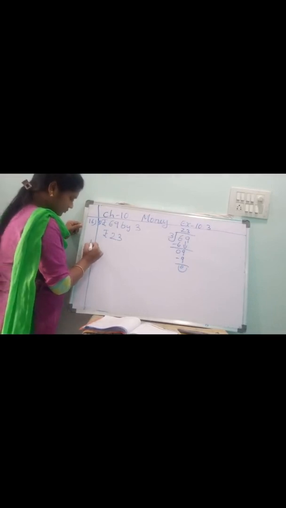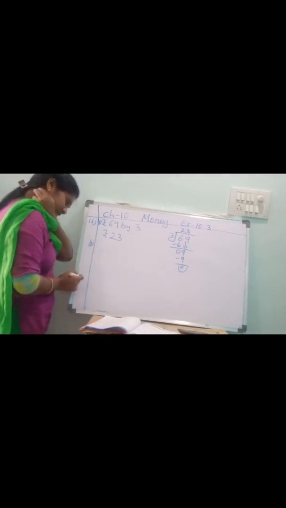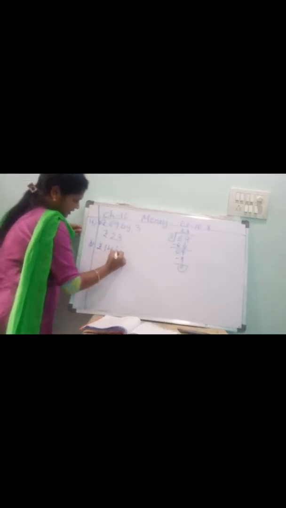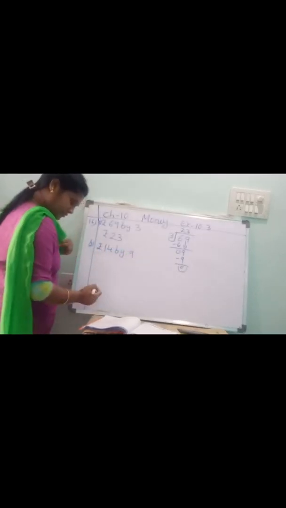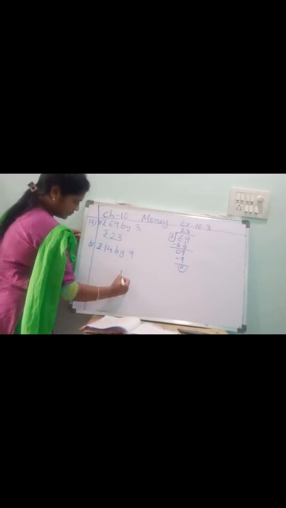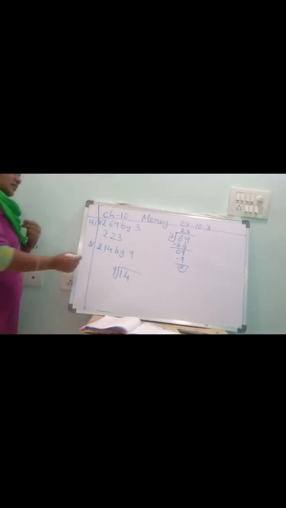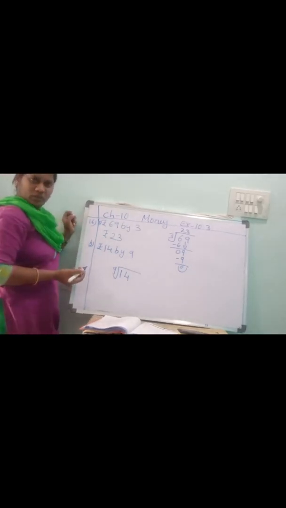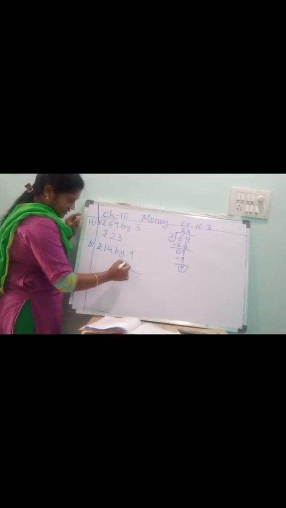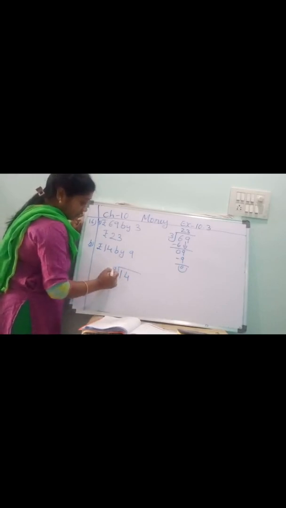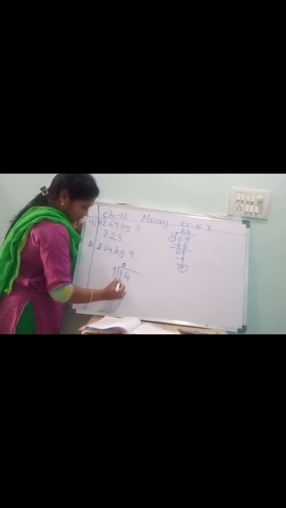B1. What is that? This is also division only. Rupees 14 by 9. See? 14 by 9. 9 twos are 18. It will go? No. That's why 9 ones I should take. 9 ones are 9. Otherwise, first of all you should take 9 zeros are 0.